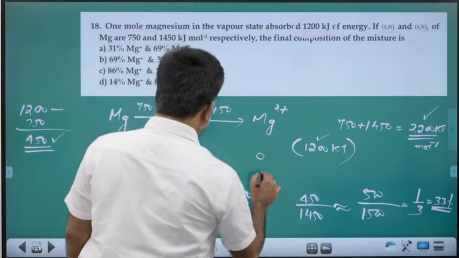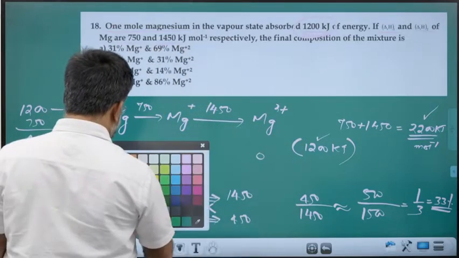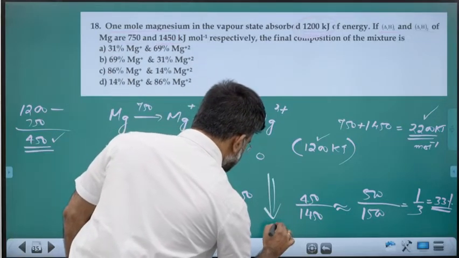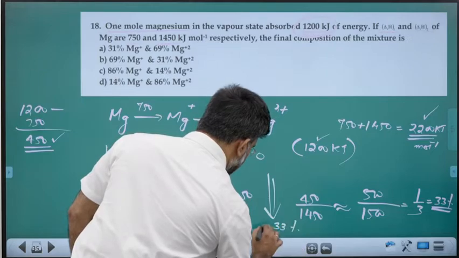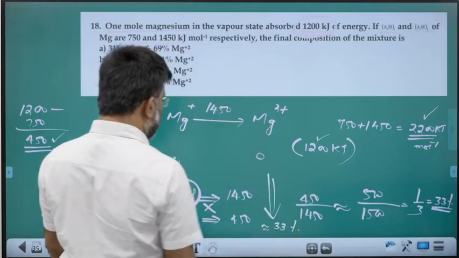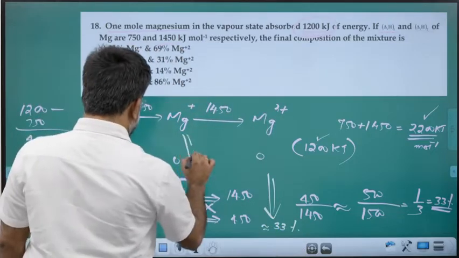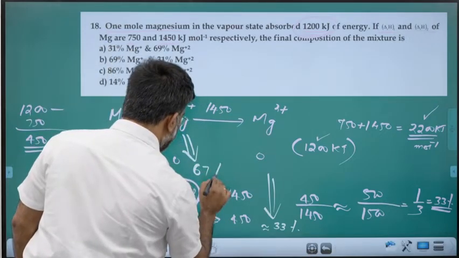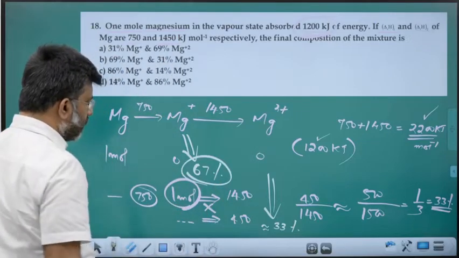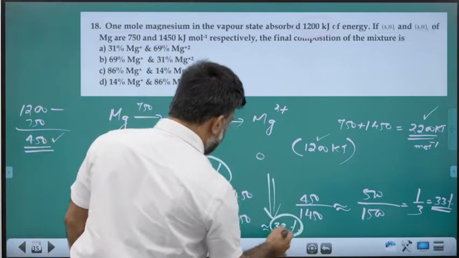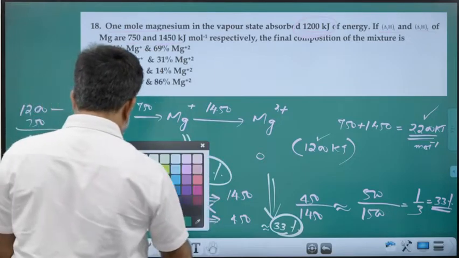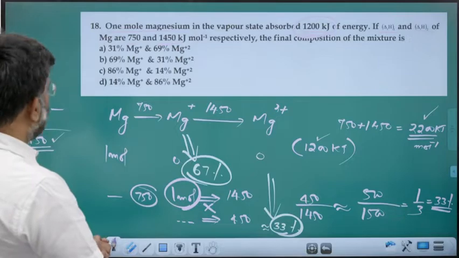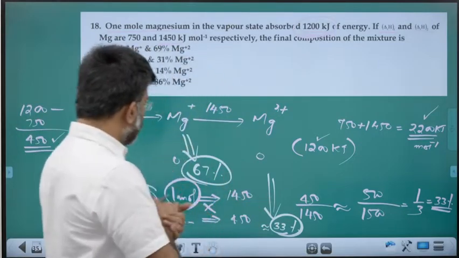So the Mg2 plus we are going to get will be only 1/3 mole, some 33% approximately. Quite naturally, Mg plus will be some 67%. And hence you can select the correct answer. See what I said, figures are approximate.